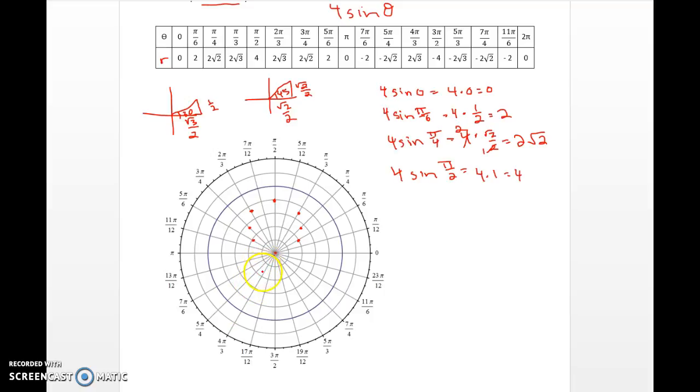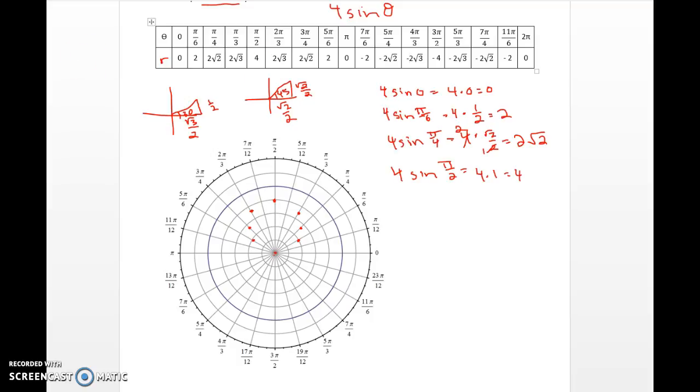And as we go back, we get that right here. When theta is 3 pi over 2, r is negative 4. So we have to go back because the r's are all negative. And there should be a negative sign in the 4 pi over 3. I apologize for that.